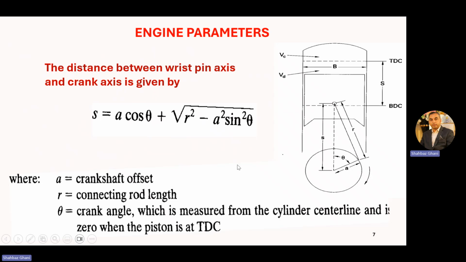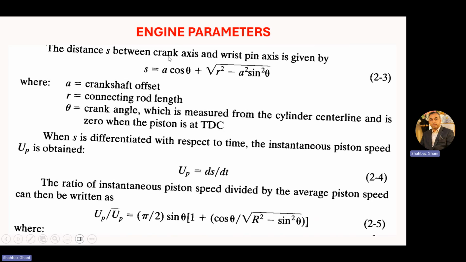So you can find the location of the piston at that point. The distance S between the crank axis and the wrist pin axis is given by this equation, as we have already discussed. These are the same parameters.